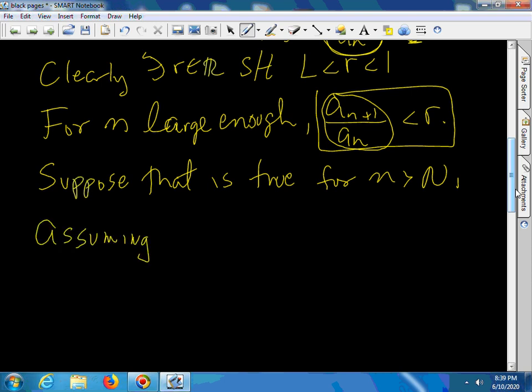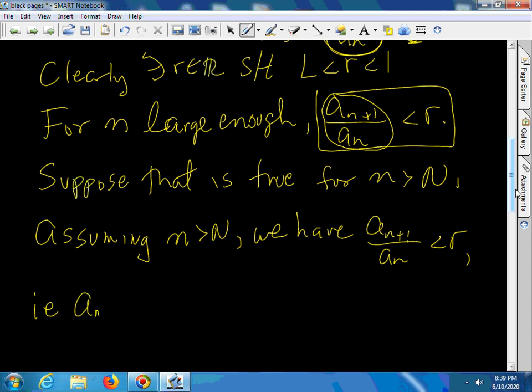Okay. Assuming n is bigger than N, we have a sub n plus 1 over a sub n is less than R. That is, a sub n plus 1 is less than R times a sub n.